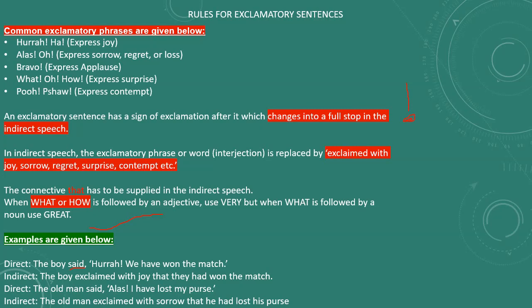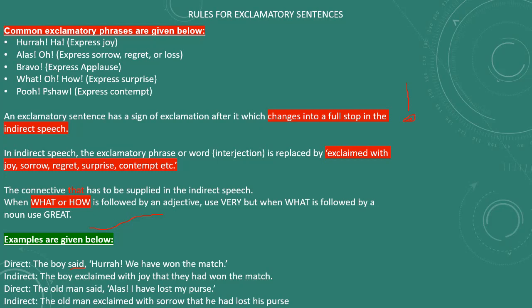This is already an assertive sentence, so no need to change it. You simply need to change the exclamatory word into exclaim with joy or exclaim with sorrow, as per the expression revealed from the sentence. Next, the old man said, alas, I have lost my purse. Alas expresses sorrow. So the old man exclaimed with sorrow, the comma will be removed, that will be used.